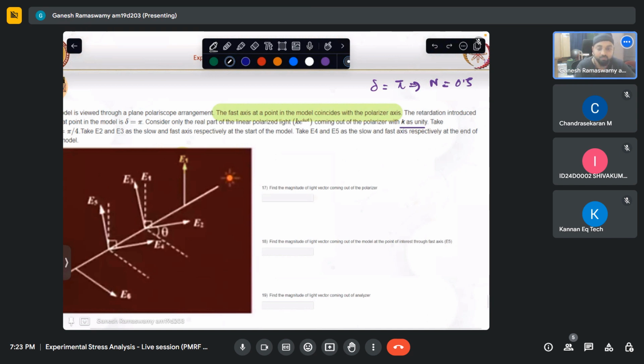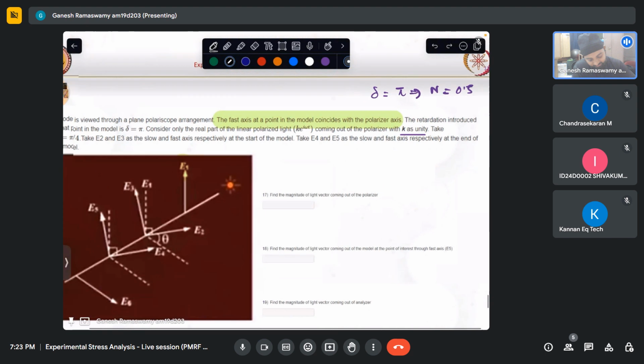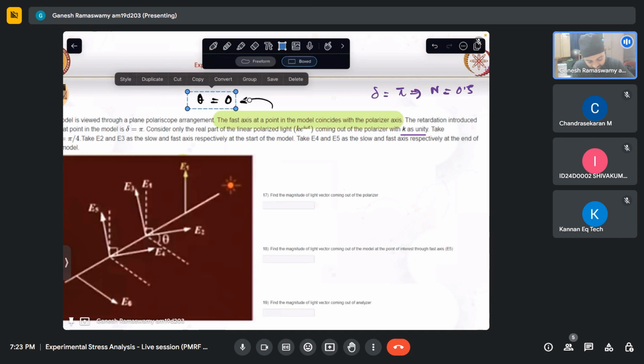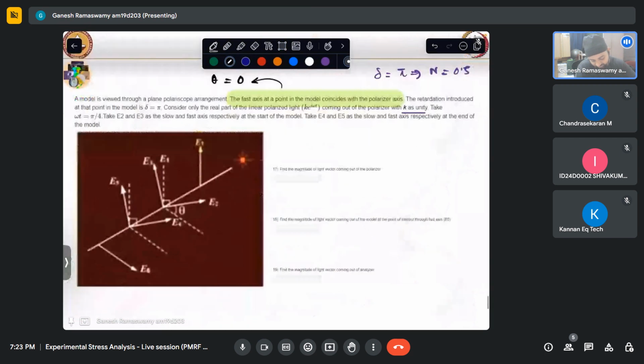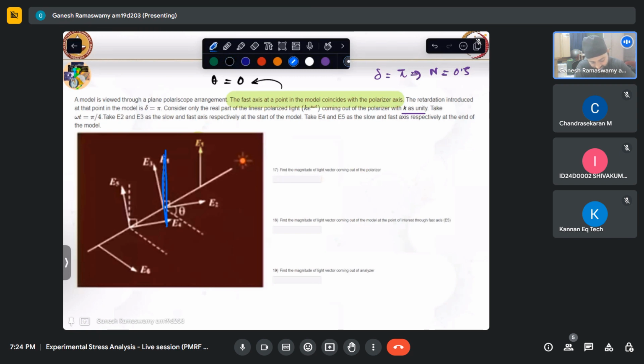What does that mean? That the slow axis coincides with the analyzer axis. So essentially, the implication of this statement is that theta is 0. So it is kept parallel to that. That is what is said in the question. And the model starts at this point. The model ends at this point. So in between these two, a retardation is brought about. So that is what is said.